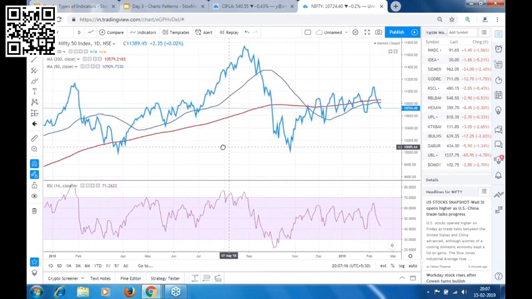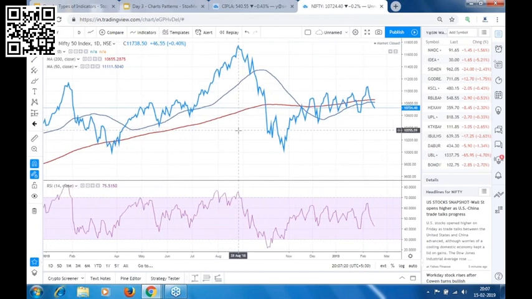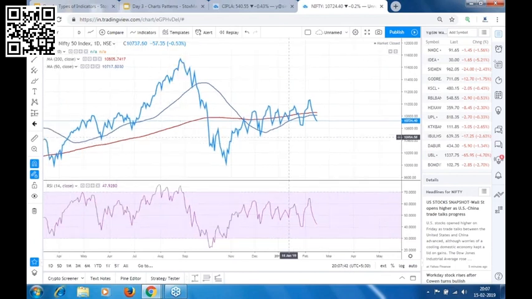So basically there are two divergences that we are looking at. One is a bullish divergence and one is a negative divergence. Now, where will you see a negative divergence? When a stock is in an uptrend, that is the time we will look for a negative divergence. So that will give us an indication that the trend is about to reverse. And when a stock is in a downtrend, that is the time we will look for a bullish divergence, which will give us an indication that the trend is about to reverse and we can see a bullish trend.